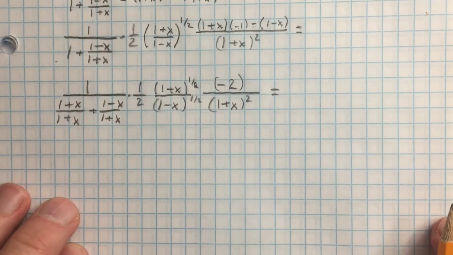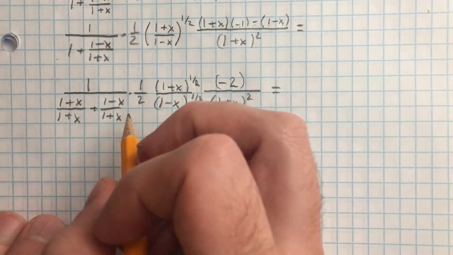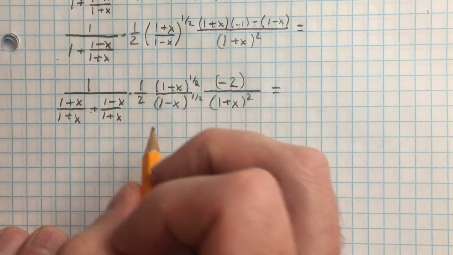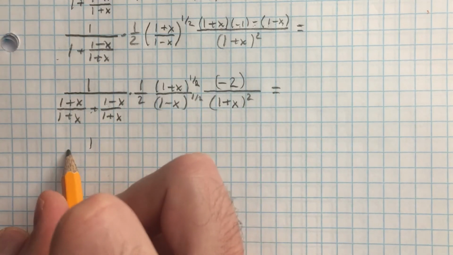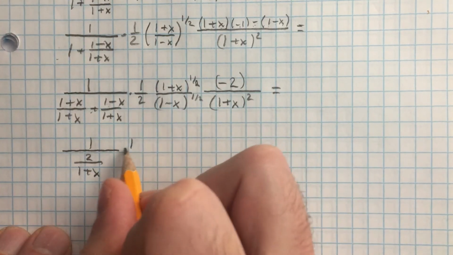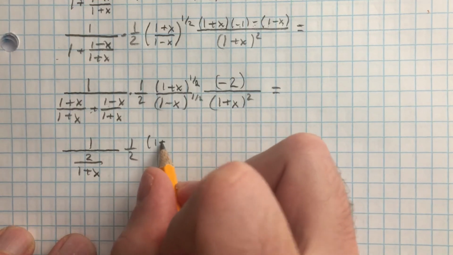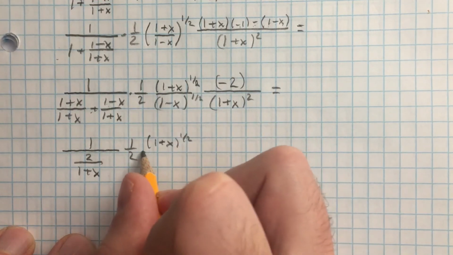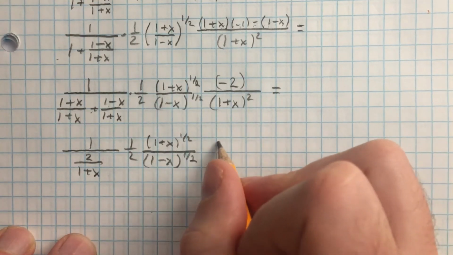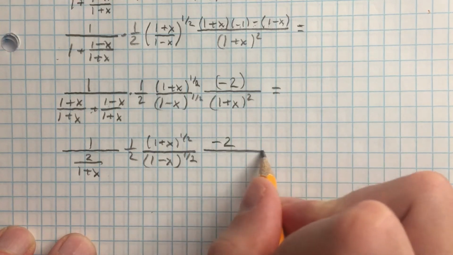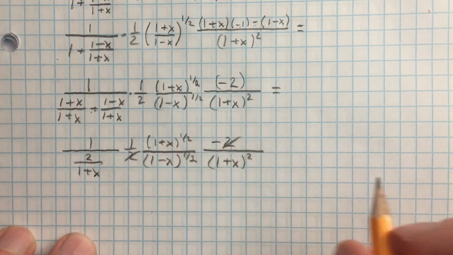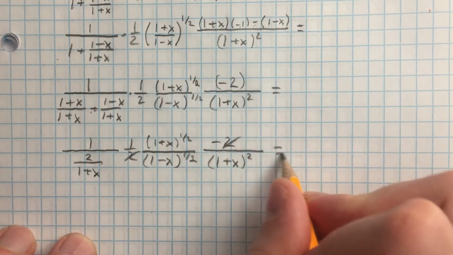Okay, to finish up, we'll have 1 plus 1 is 2, and x minus x is 0. So we'll have the reciprocal of 2 over 1 plus x, 1 plus x to the 1/2, 1 minus x to the 1/2, negative 2 over 1 plus x quantity squared. This 2 will cancel with this 2, of course, leaving a negative 1 in that numerator.